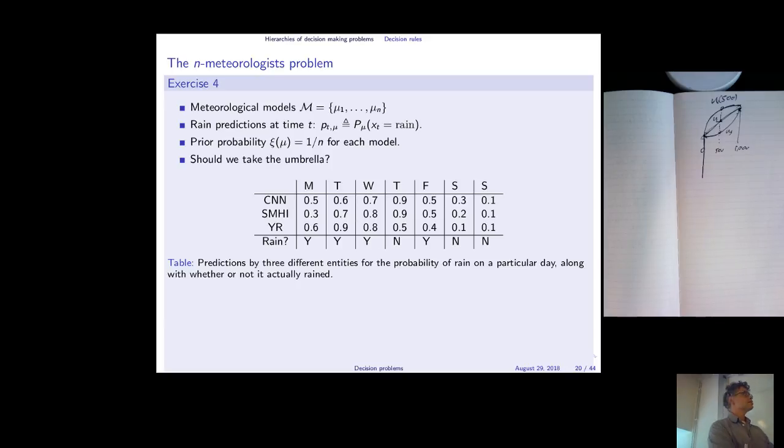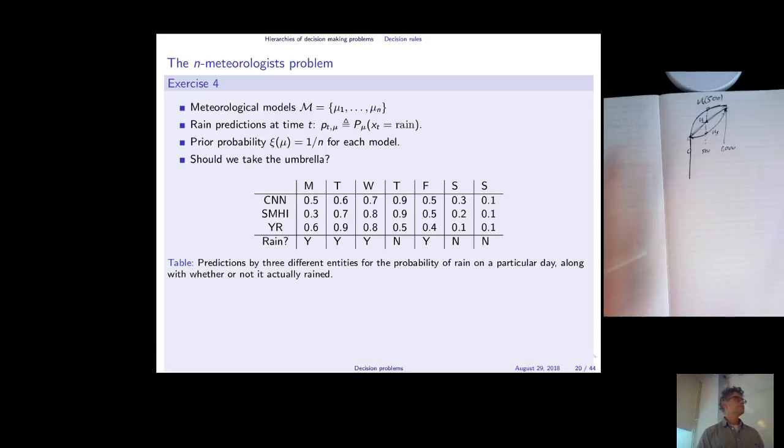Yeah? And the idea here is to use the marginal predictions of the radio stations, of the meteorological stations, to calculate the probability of rain, and then for every day choose whether or not you take the umbrella. Yeah. And this should be pretty simple, and you will get some more hints about how you can do it when we go through other decision problems.